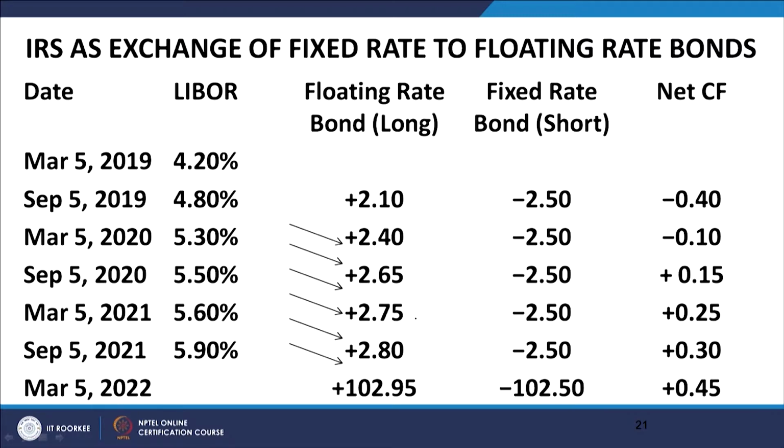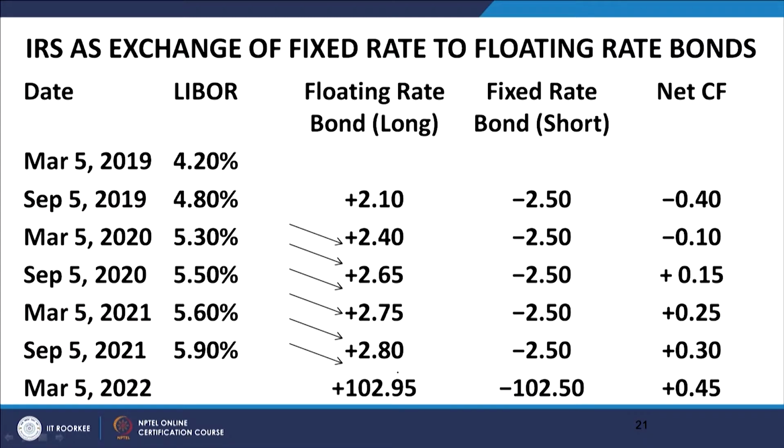If you have issued a fixed rate bond, you pay periodic interest at every 6-monthly interval at a fixed rate, and you redeem the principal on maturity of the bond. Similarly, if you have invested in a floating rate bond, you will receive interest at the floating rate, and at the end of the maturity period of the bond, you will receive the principal. So, that is precisely what is happening.